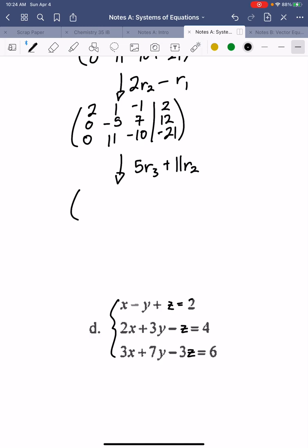So the first row doesn't change: 2, 1, negative 1, 2. Second row doesn't change: 0, negative 5, 7, 12. Third row changes. So this is still 0, and this is also 0 now. Negative 10, so negative 50 plus 77 is 27.